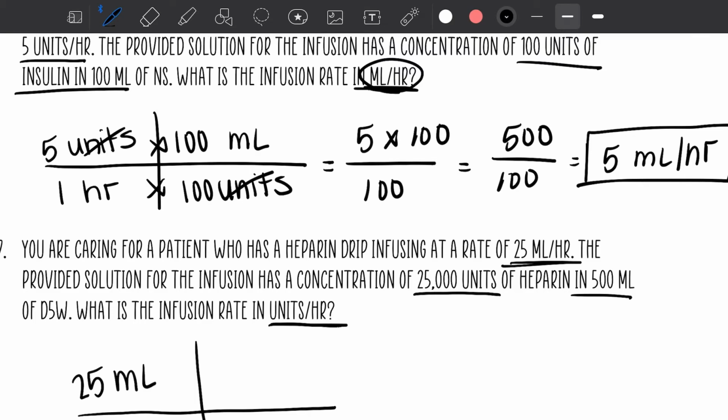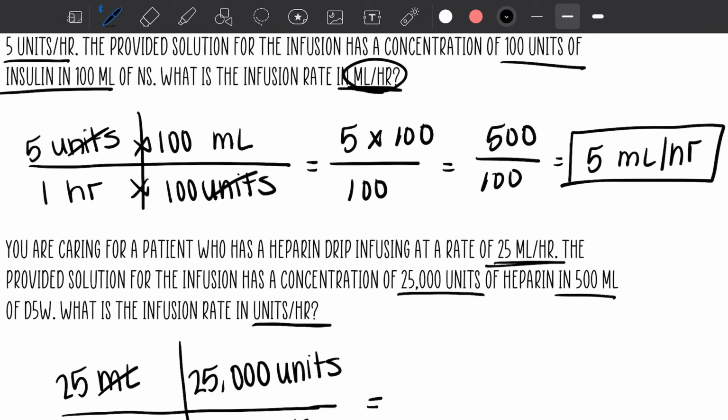And then our solution that we have available is going to go on our right. So we have 25,000 units over 500 milliliters. Milliliters cross out, and we're left with units over hour. So we can start multiplying across the top and the bottom.